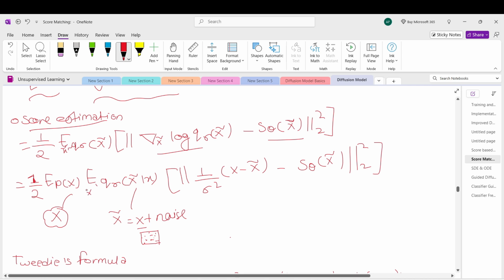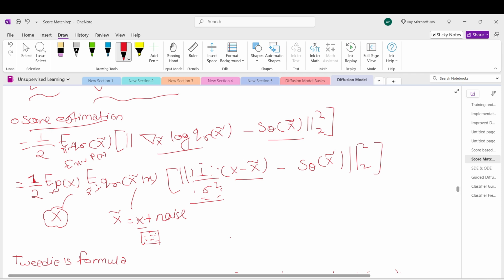So we obtain x tilde from here, and x from here. This is the expectation of x sampled from p of x. This is just a scaling, you can consider it as some sort of scaling, and this is actually the noise.